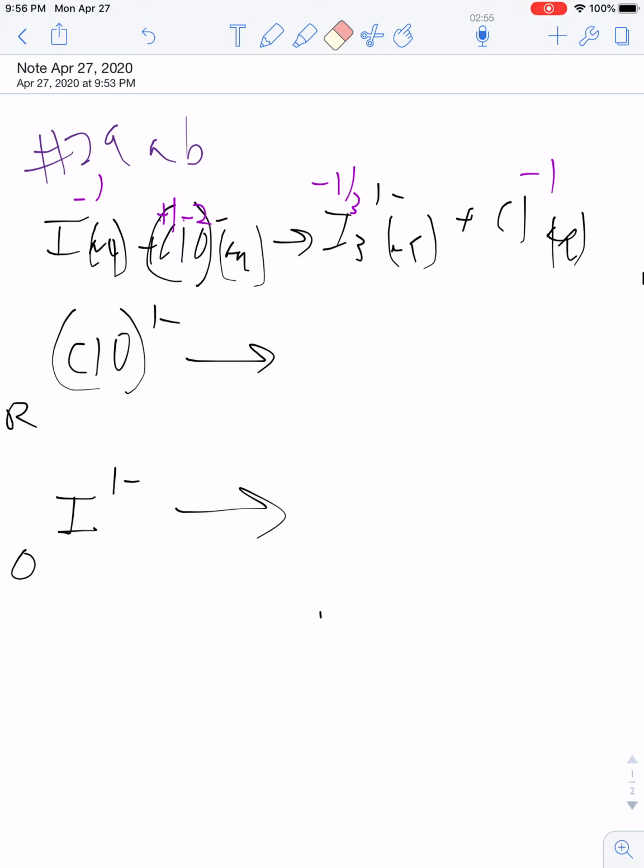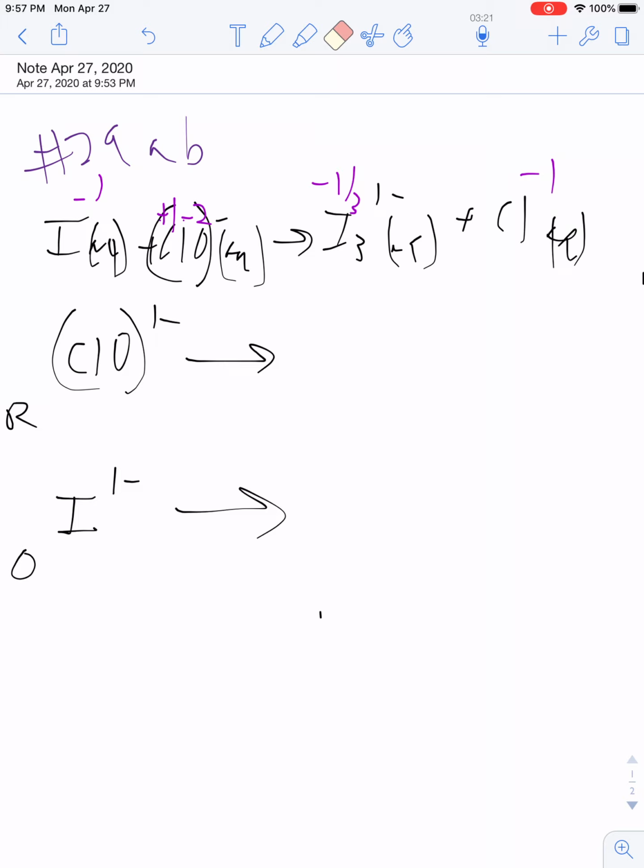Okay, so now we're going to balance the reactions. We balance using what we have.